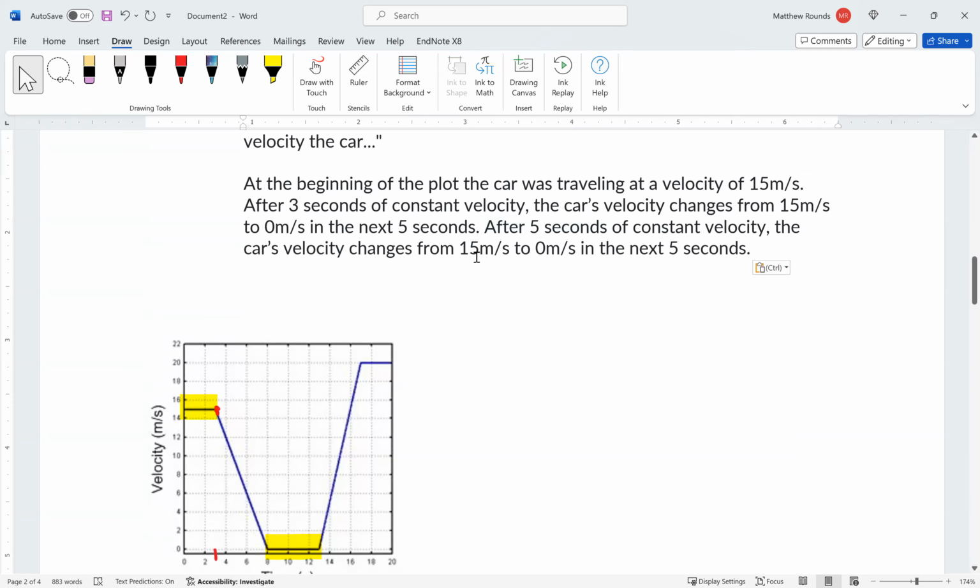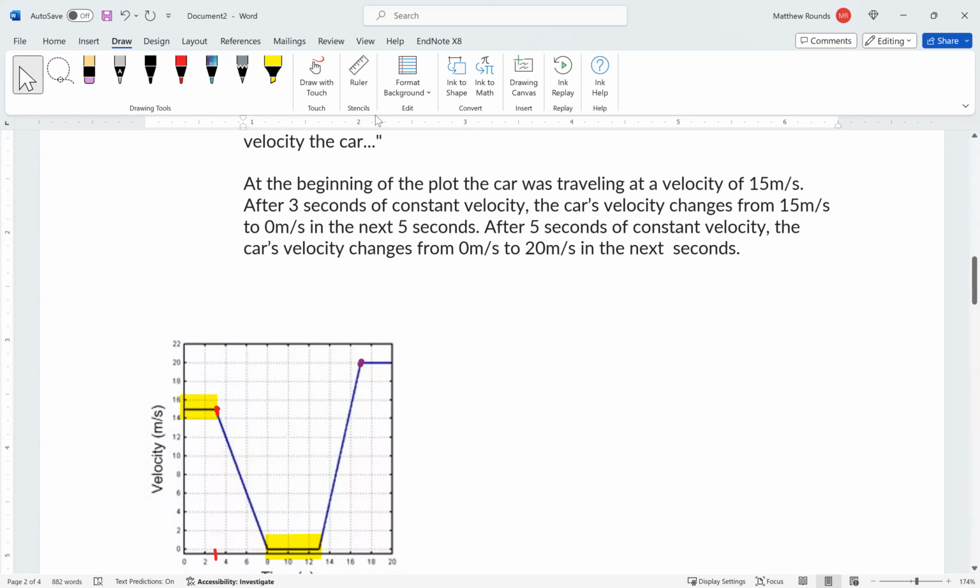the car's velocity changes from 0 meters per second to, what is its velocity up here, right where this little dot that I put is? What's the velocity right there? What's the y value? The y value is 20.